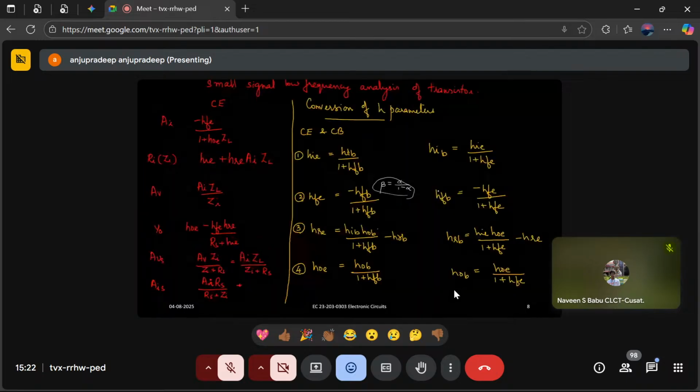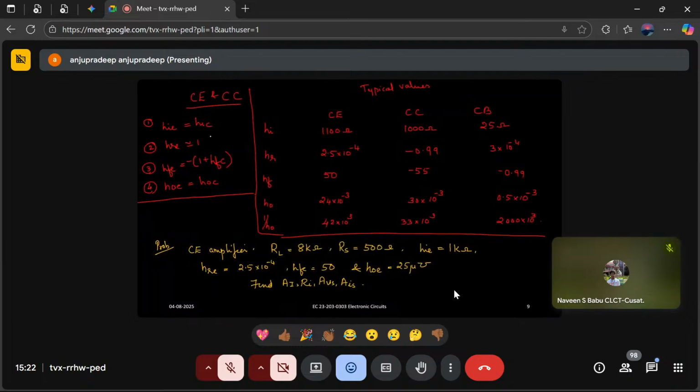Now these are the sample values. See, in this slide, what we did is we were relating common emitter and common base. This is common emitter parameter in terms of common base. And on the rightmost side, you have common base parameters in terms of common emitter. And here it is a rough estimation of common collector and common emitter.